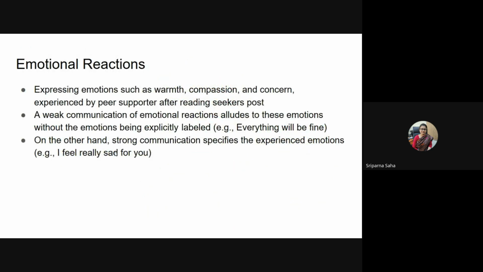There are three types of empathetic rewritings. One is emotional reactions, expressing emotions such as warmth, compassion, and concern experienced by the peer supporter after reading the seeker's post. A weak communication of emotional reactions alludes to these emotions without explicitly labeling them, like everything will be fine.